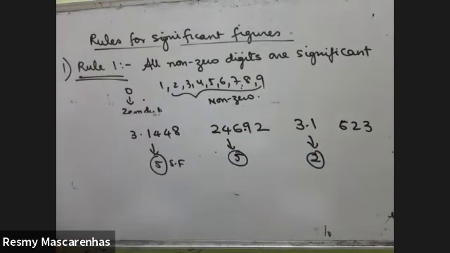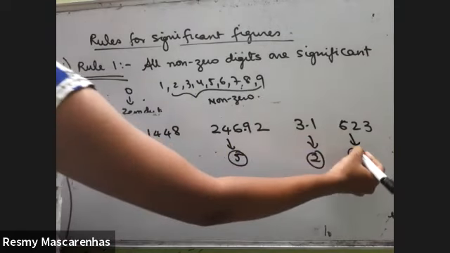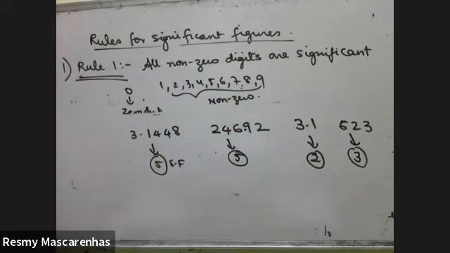Even if there's no decimal point, it is 3. So this is the first rule.